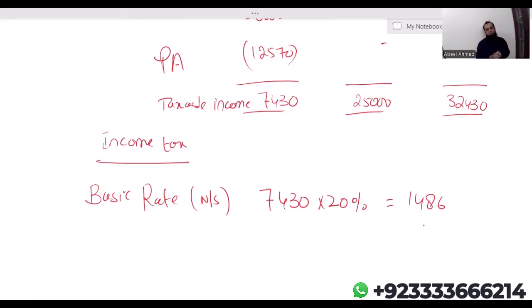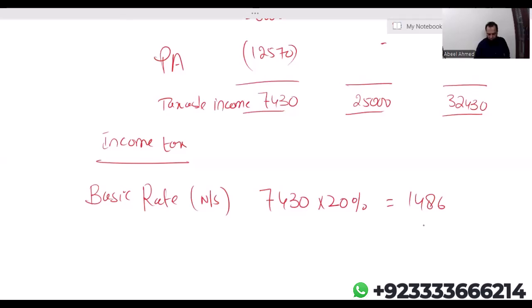Okay, now. Obviously, after non-saving, you have to tax saving income. Before applying any tax rate on the saving income, you have to check for the nil rate band. How much nil rate band an individual gets depends on the individual's tax paying status.